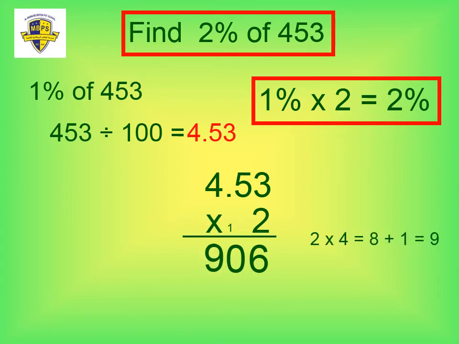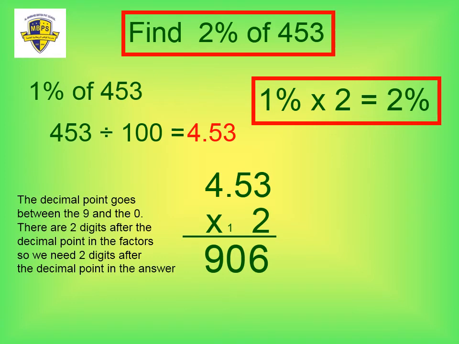Let's remember the rule and where we have to put the decimal point. The rule tells you to count how many decimal places we have in the factors 4.53 and 2. In 4.53, how many decimal places do we have? 2. Okay, the other factor 2, do we have any decimal place?